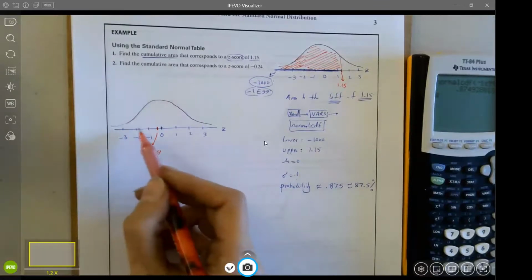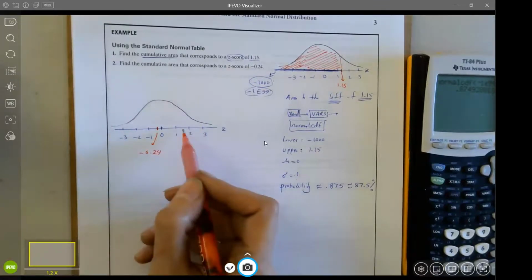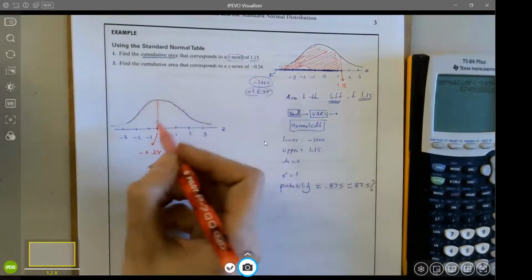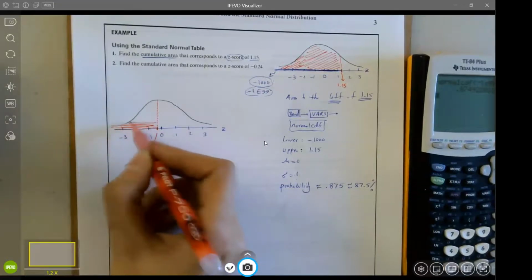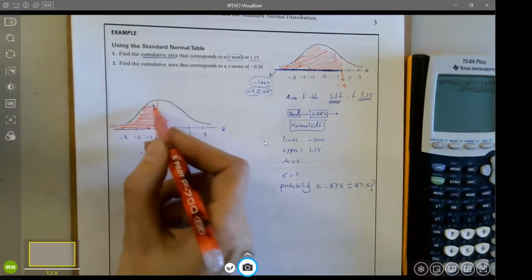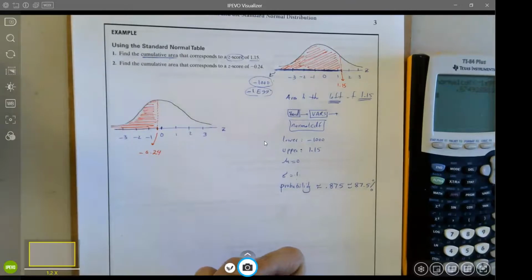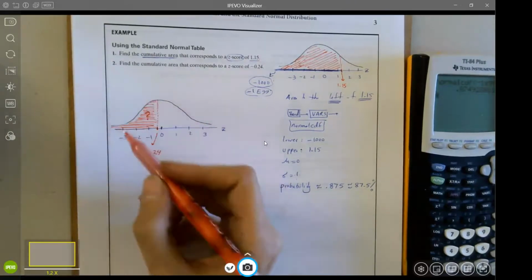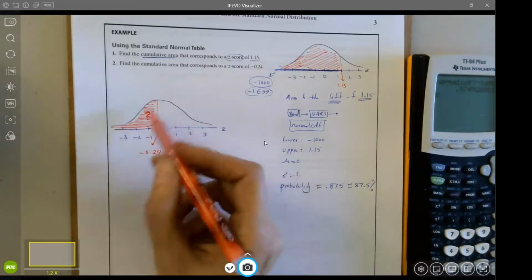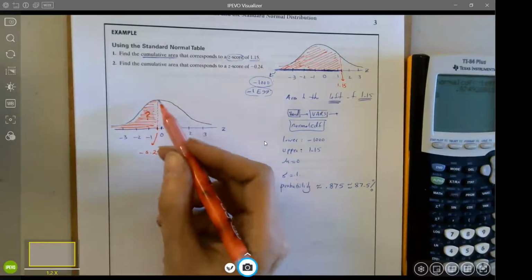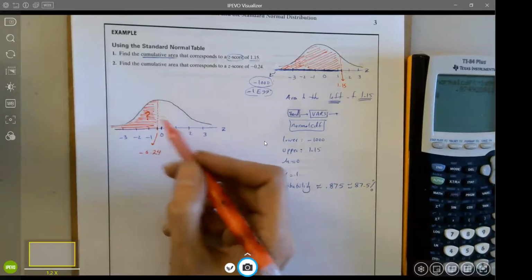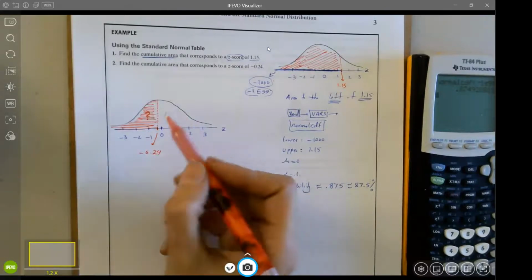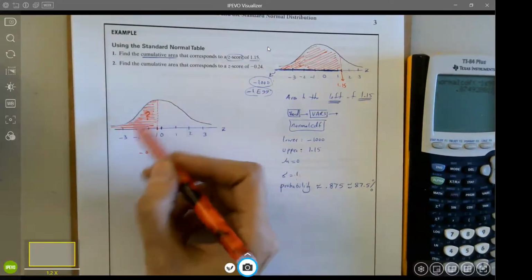This number belongs to the horizontal axis. If we want to find the area that corresponds to this number, it means that we're looking for this region below the graph. What is this area? What is this probability? The total area below the curve is 100% or 1. By looking at the curve, you say it's roughly less than 50%.